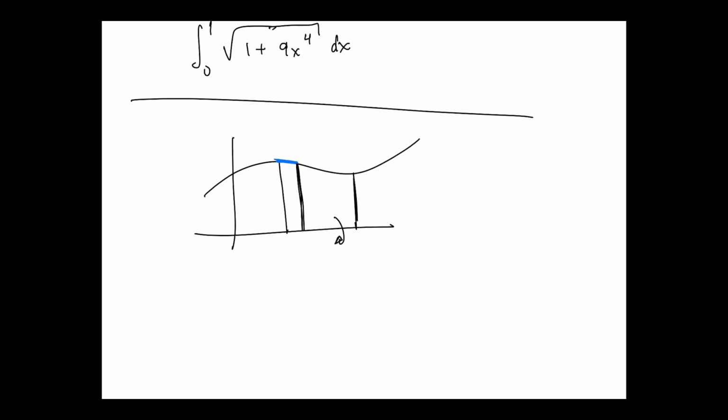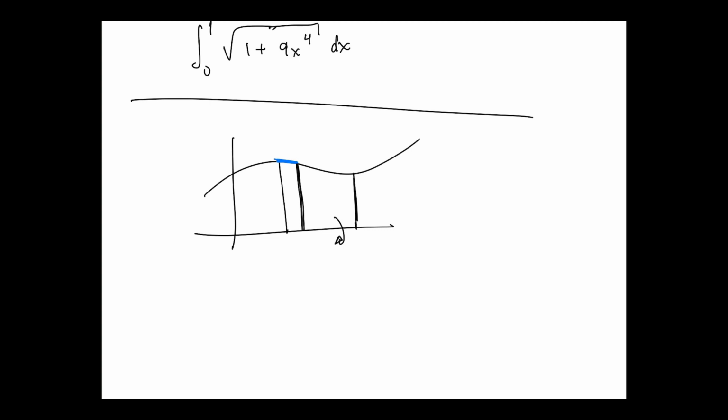If this sweeps out a cylinder, what do I need to compute the lateral area, so the side of the cylinder? Well, I need to know the circumference of the circle times the height of the cylinder. The circumference I can get by 2 pi times the radius. The height of the cylinder is exactly the arc length.